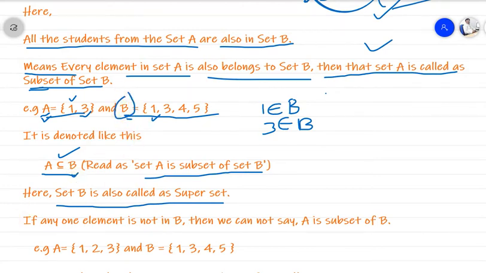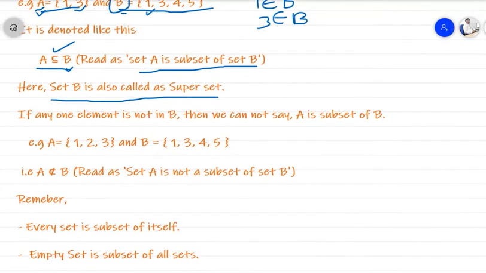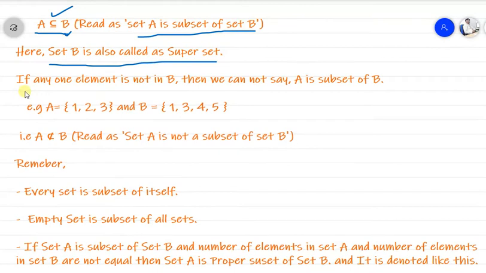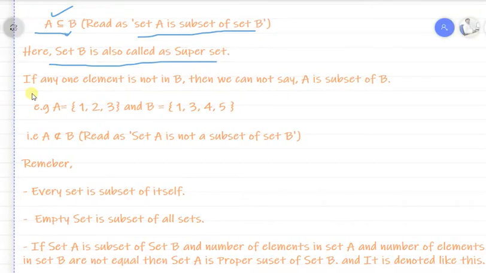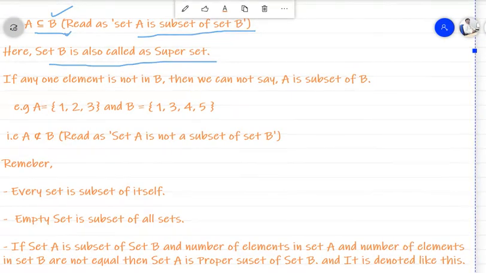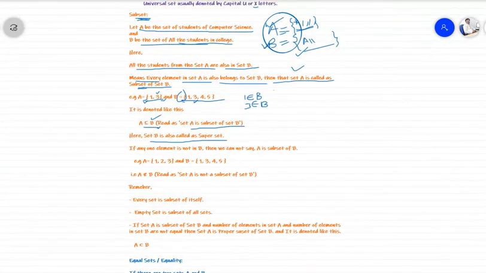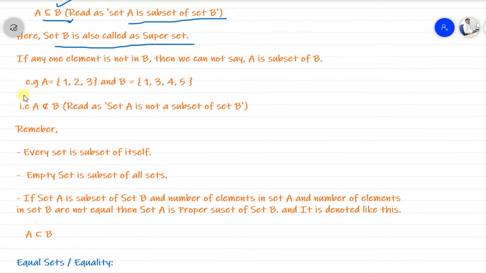See here, if any one element is not in B, then we cannot say A is a subset of B. For example, here A is equal to {1, 2, 3}. These are the elements of set A, and here we have set B as {1, 3, 4, 5}.